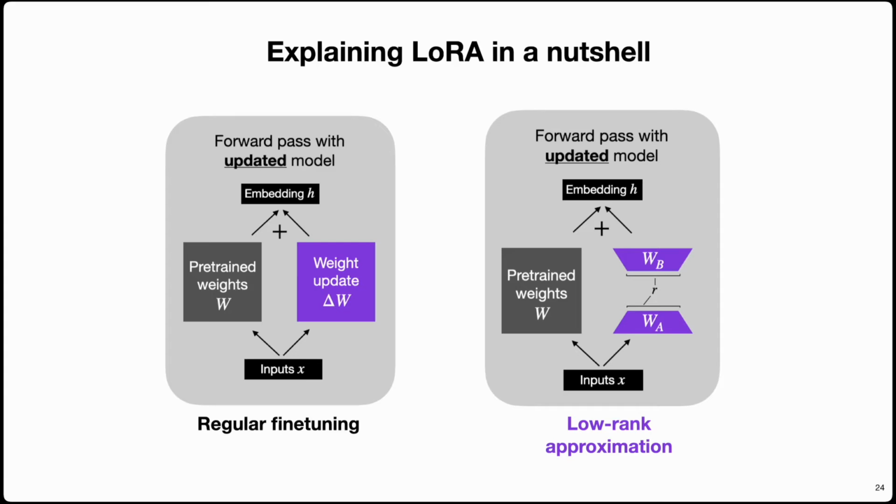On the left hand side, for example, if this is a 10 by 10 matrix, on the right hand side we could have a 10 by 2 and a 2 by 10 matrix, which would be 40 parameters instead of 100, where 10 by 10 is 100, and 2 times 10 plus 2 times 10 is 40. So we can save a lot of parameters this way, especially the larger the matrices are.